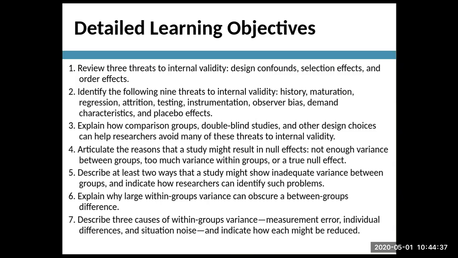And then I will explain how just adding a control group or comparison group will help to avoid a lot of these internal validity threats that were just mentioned, how double-blind studies can help, especially with observer bias and demand characteristics. And the way that we design our choices can also help research avoid a lot of these threats to internal validity.